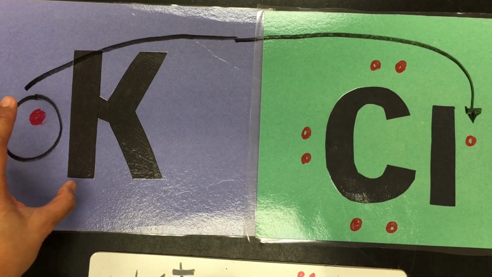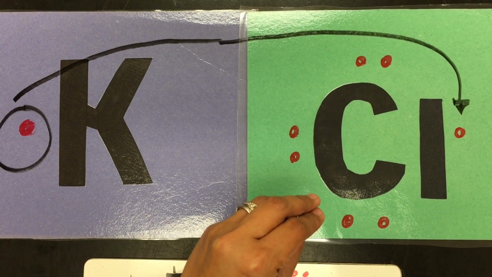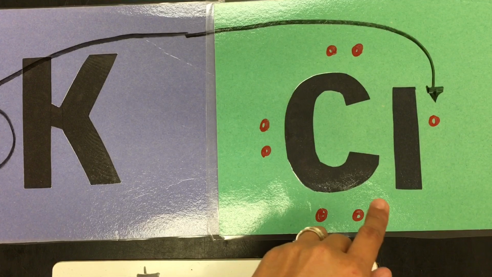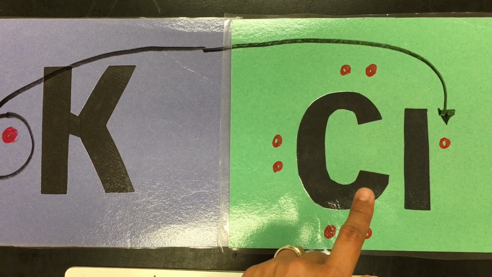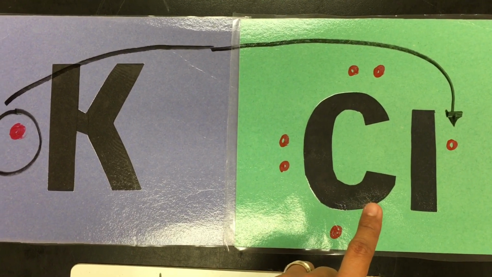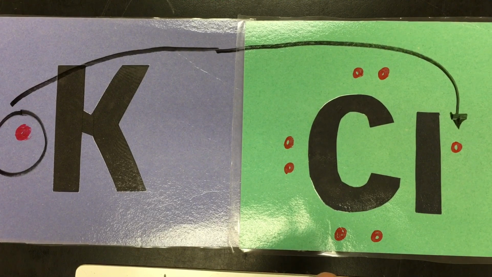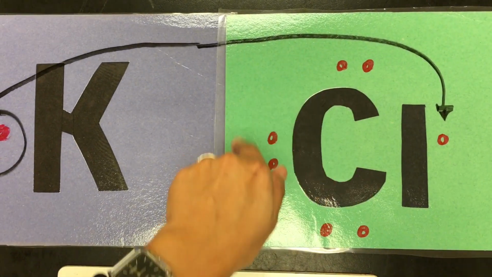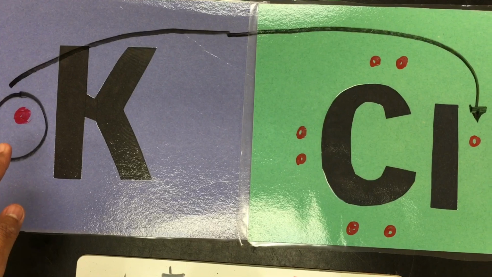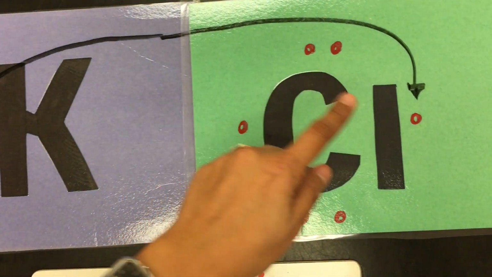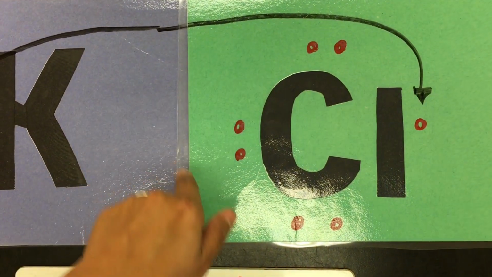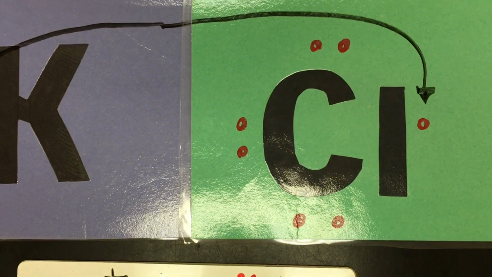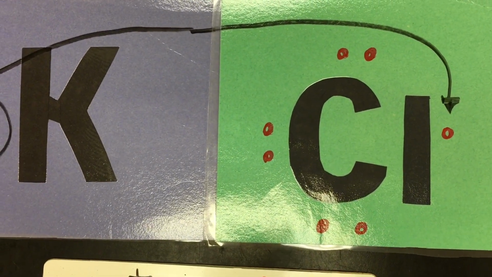When this electron gets lost, the non-metal will receive it. Chlorine initially has 7 electrons, and based on the octet rule, chlorine will have to gain electrons so that it can have 8 electrons after the gain. So potassium will add 1 electron to the lonely electron of chlorine to make chlorine have 8 valence electrons, which is what it was looking for initially.